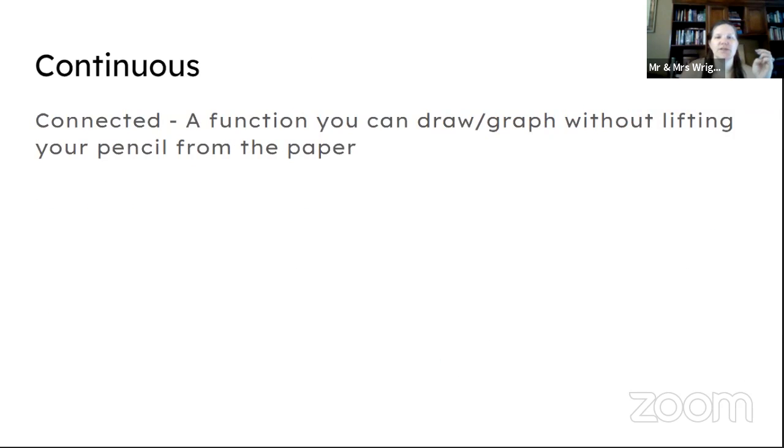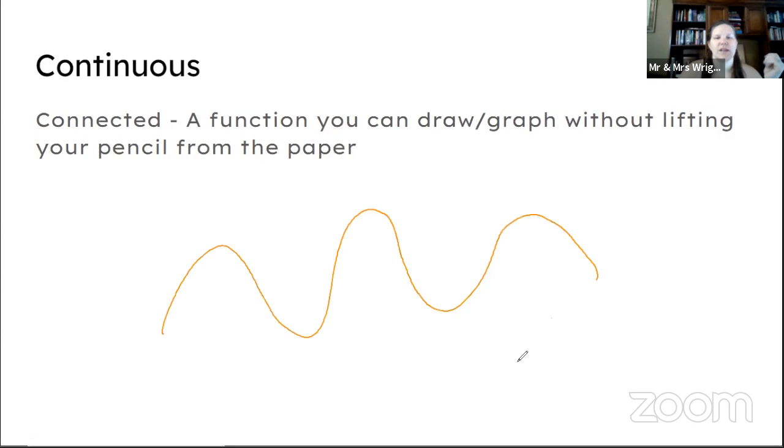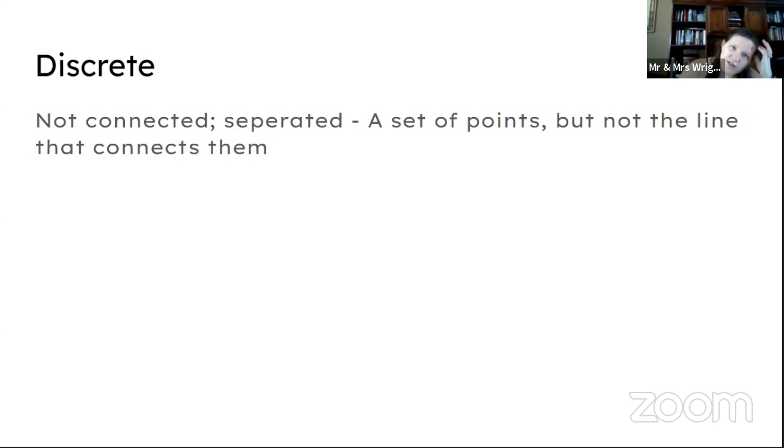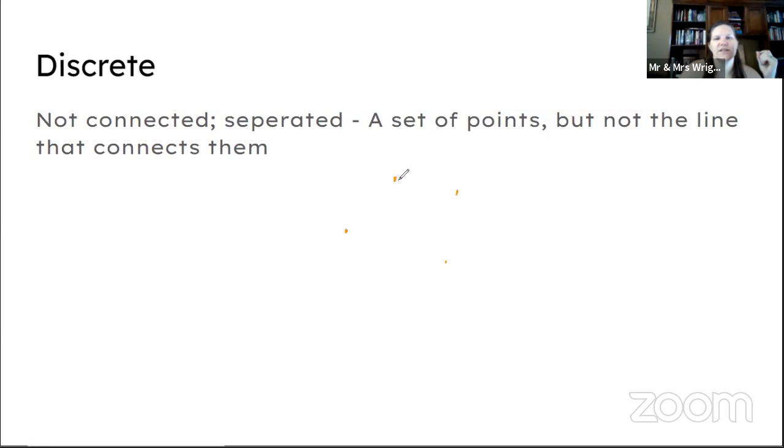Continuous. A continuous function is a function you can draw without lifting up your pencil from the paper. It never stops. So this would be a continuous function, and it continues on forever and ever, right? So then our next one is discrete. These are not connected. Sometimes it's a set of points, such as this.